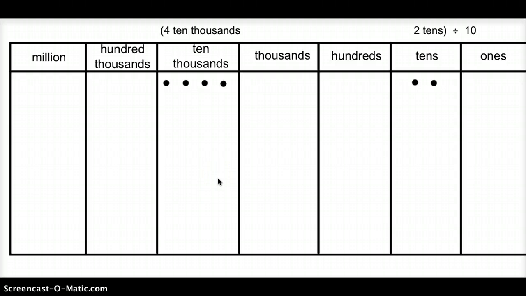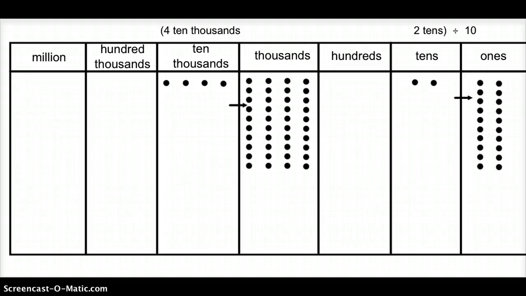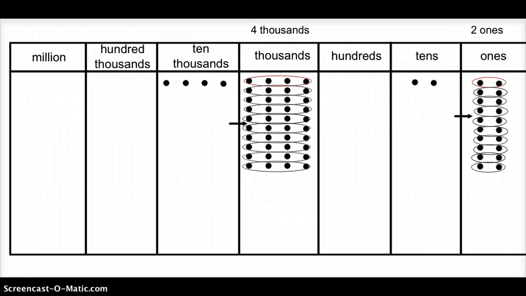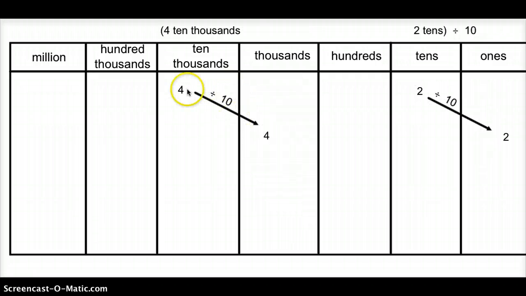Yes, I could break apart, unbundle, put in groups by 10, and then look at one group, or I could be much more efficient and just take my 4 and move it to the next lower place value. Take my 2 to the next lower place value as well. Because when we move from one place value to the next lower, we are dividing by 10. So in this instance, my answer is still 4,002.